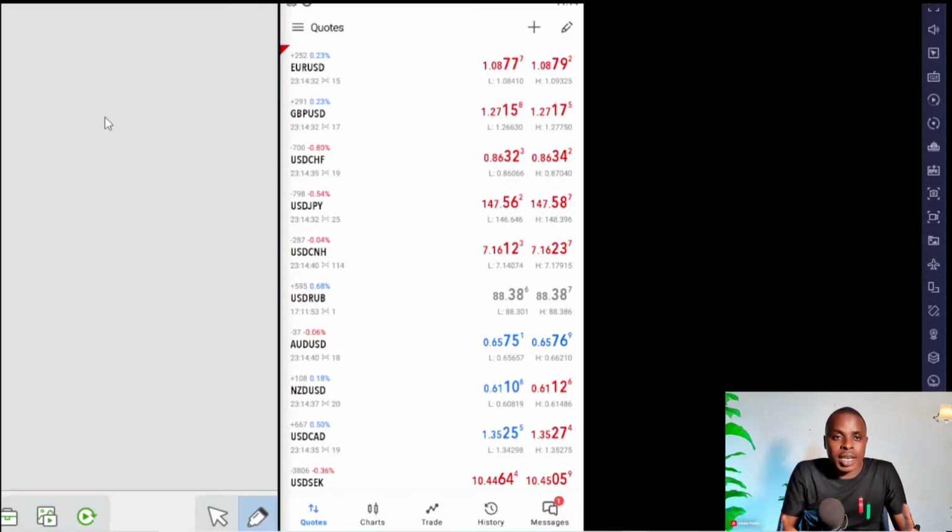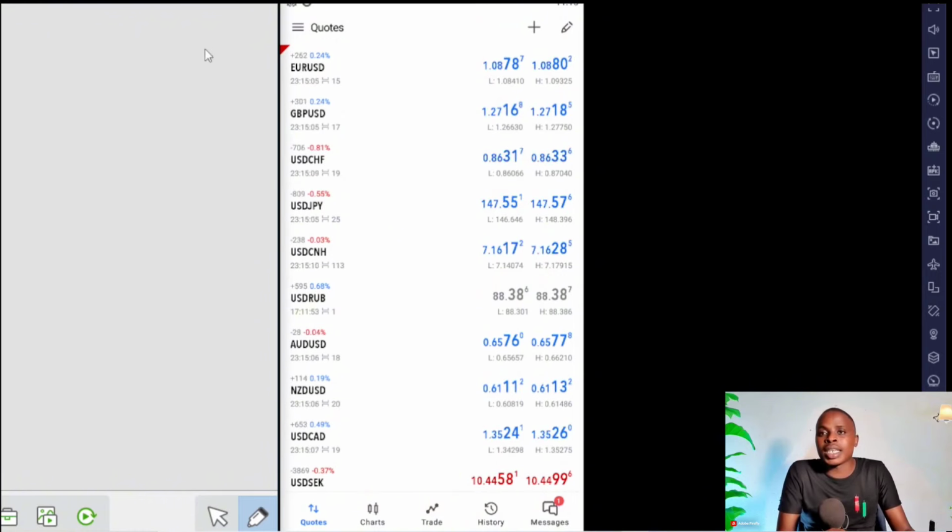Now for this lesson, I decided to use my cell phone screen because I know that most of you are going to be using it. Now, let's say, for example, we are looking into the Euro USD. This is our Euro USD right here, and you see the currency pair here, and then you see the exchange rate here.